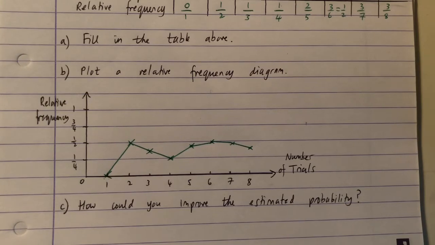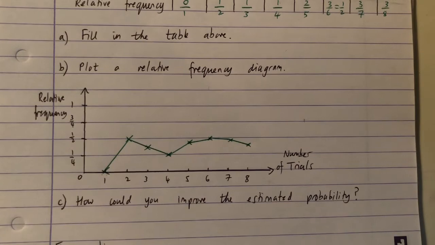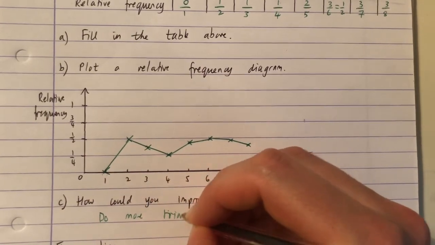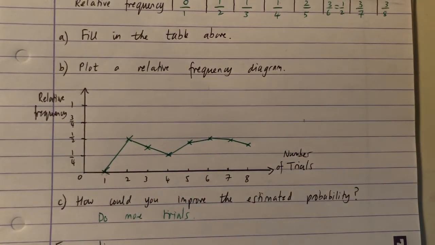And effectively, if you could do this for an infinite amount of trials, you would actually end up with a true probability. Obviously, you can't realistically do an infinite amount of trials, so if you just want to improve your estimation, then you just do more trials. Okay, so you complete the experiment more times. So just do more trials would give you an improved estimation. Okay, and that estimated probability would be whatever the relative frequency is for how many trials you do.